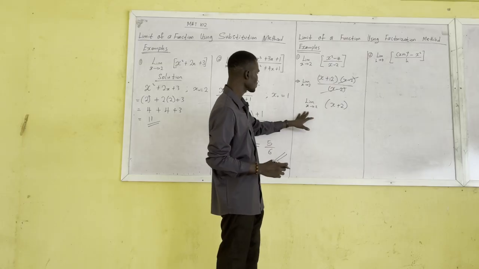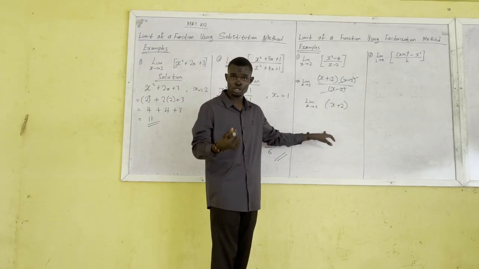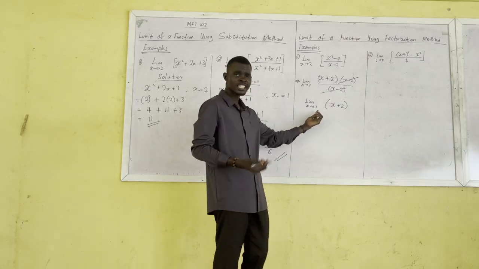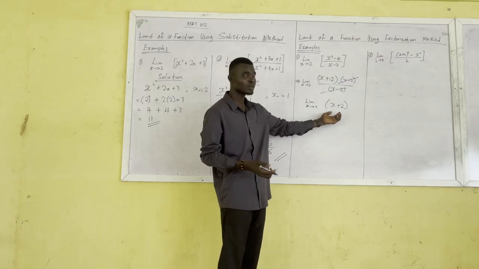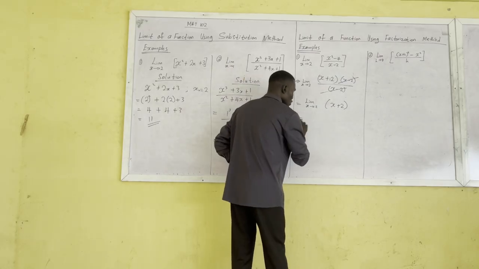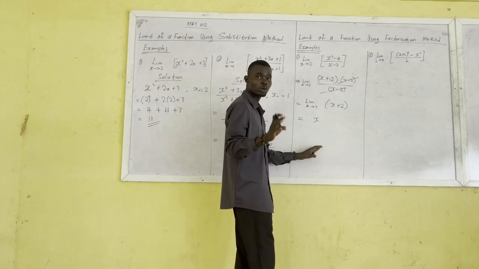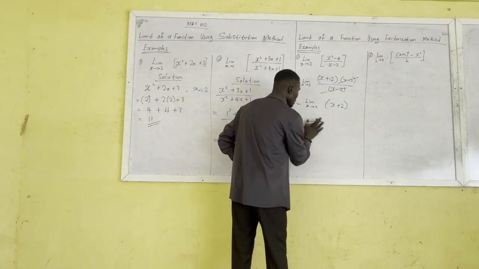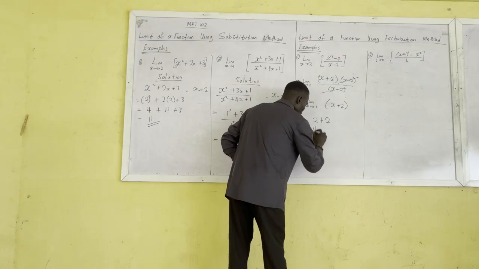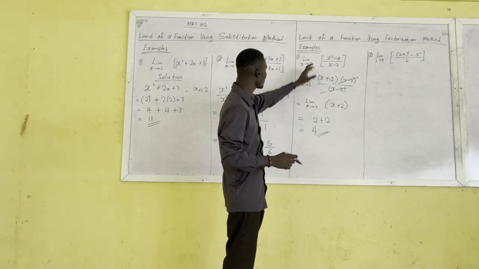This resembles the one we did last time using the substitution method. So from here, we can directly substitute the value of x naught, which is 2, in this expression. Whenever we see x, we put the value of x naught, which is 2. So here we have 2 plus 2, which equals 4. So that's the final answer for this expression.